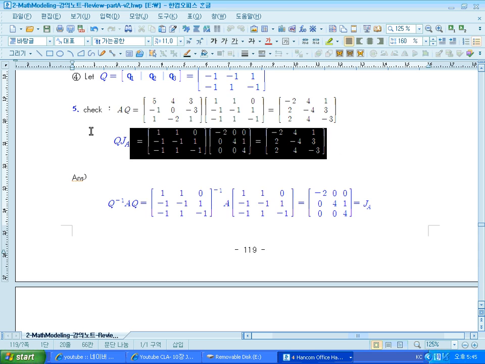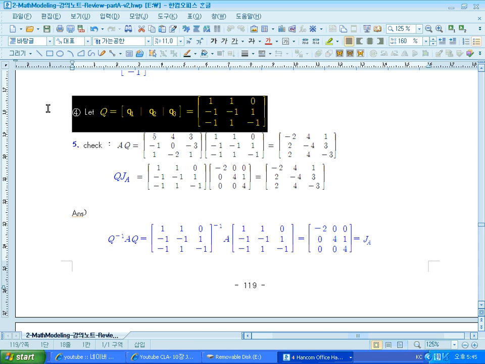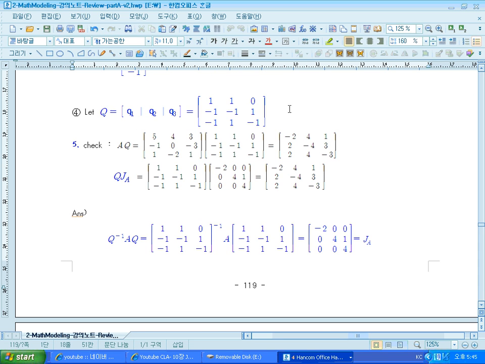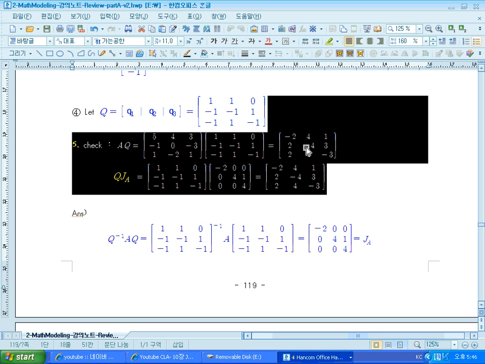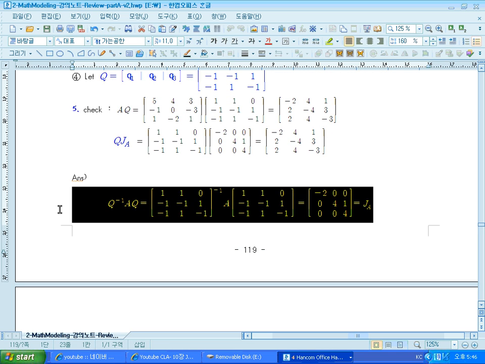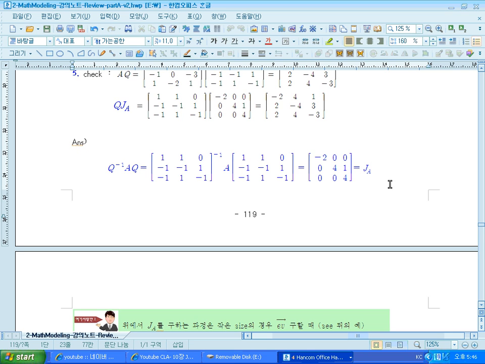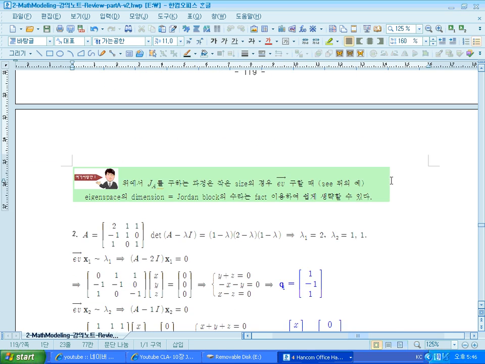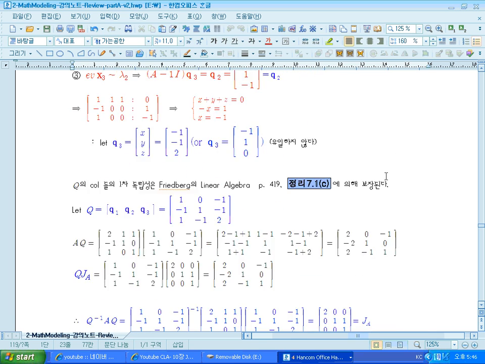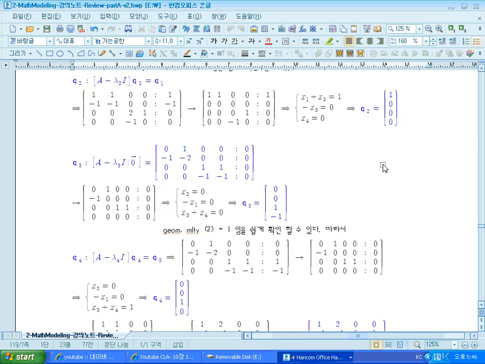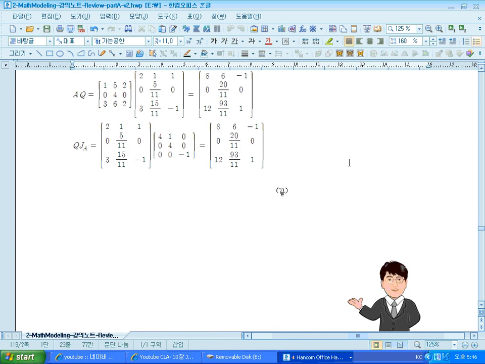Then we can get the matrix Q like this. Then we can check AQ is equal to QJA, where the Jordan canonical form is like this. You can see they are the same, which shows Q inverse AQ is equal to JA. These are the other examples which were treated.